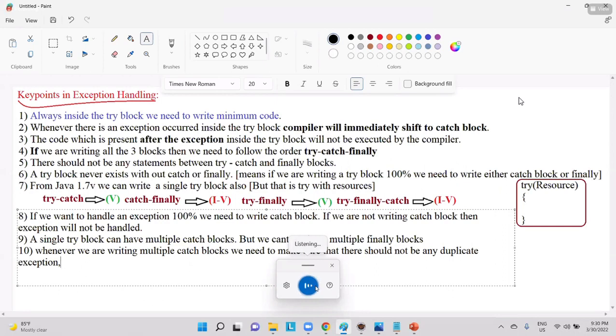In order to make sure, please always write first child exception, later parent exception. Exception hierarchy should be followed.